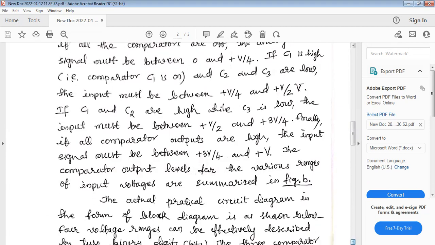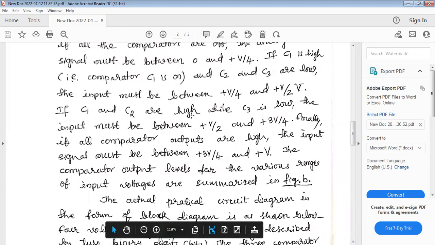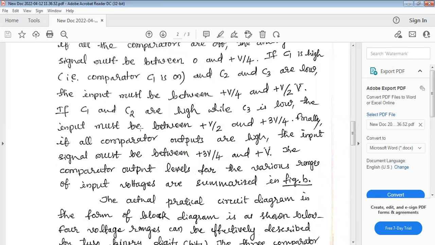And if C1 and C2 are high while C3 is low, the input must be between plus V by 2 and plus 3V by 4. And finally, if all the comparator outputs are high, the input signal must be between plus 3V by 4 and plus V volt.